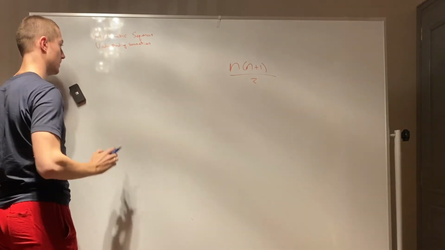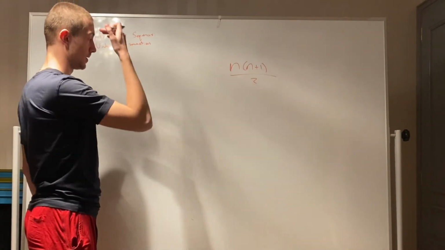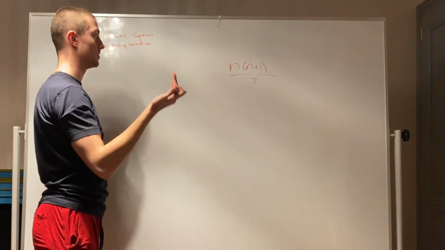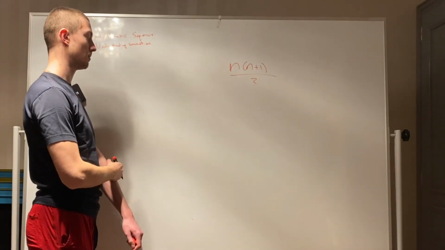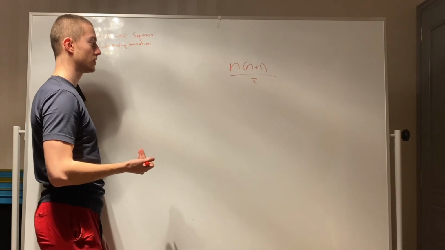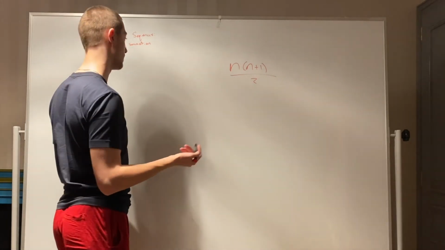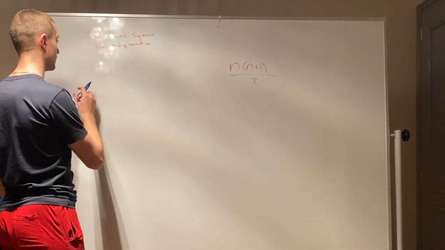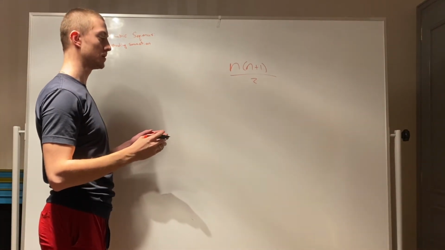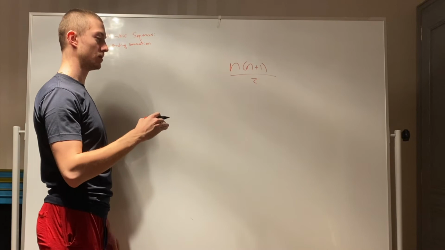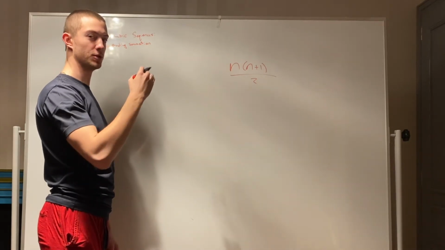Now, why are these called triangular numbers? Actually, for the same reason that square numbers are called square numbers, because if you try to write out equilateral triangles, you're always going to get these numbers, and you'll see why in a second. So let's say that we're trying to make triangles which consist of rows which are one larger than the one before it.